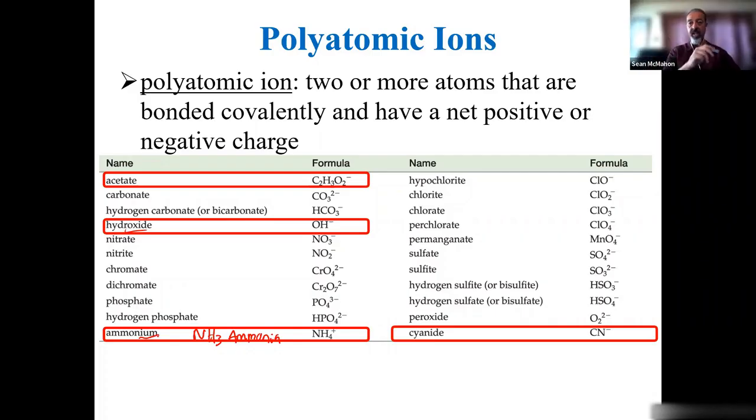In group 1, they end in the ions. So ammonium has a +1 charge and is derived from ammonia. It just adds another H plus, which happens to also be in group 1A, which has a +1 charge.